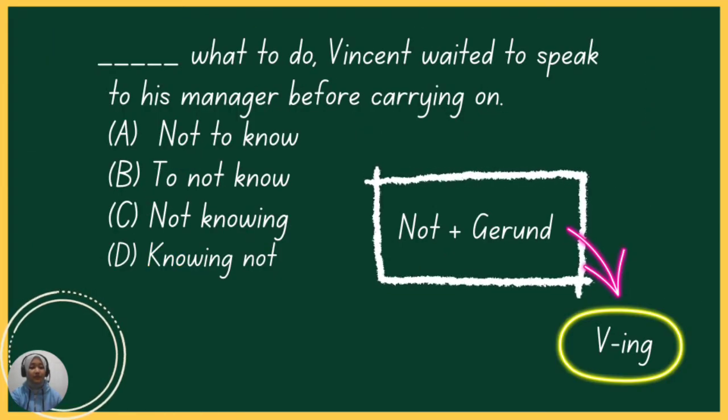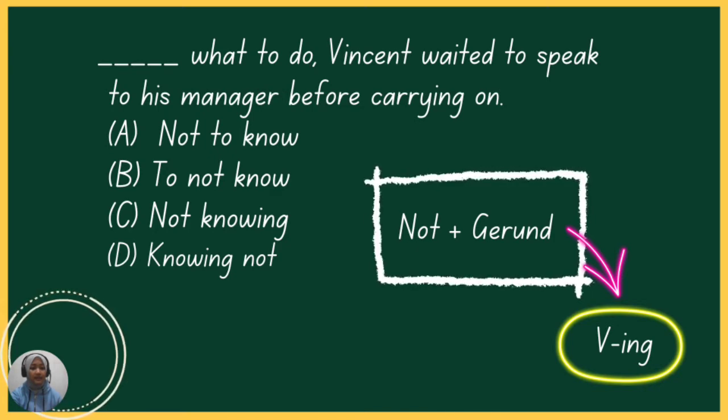This is the example of the questions. Blank what to do, Vincent waited to speak to his manager before carrying on. Kita tahu rumusnya tadi. Not muncul sebelum gerund or the ing verb. So we have mana yang kita lihat indikator not, A, B, C, D. Nah, kita lihat ing verbnya muncul setelah not.